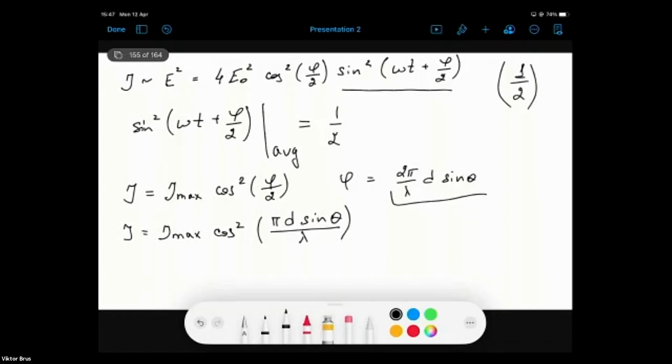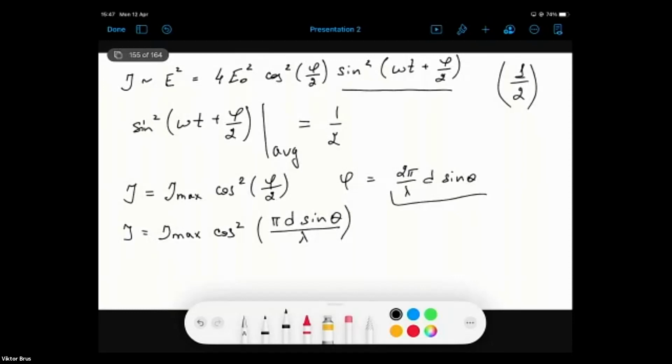But it goes from some maximum to the minimum, which is defined by this function periodically.